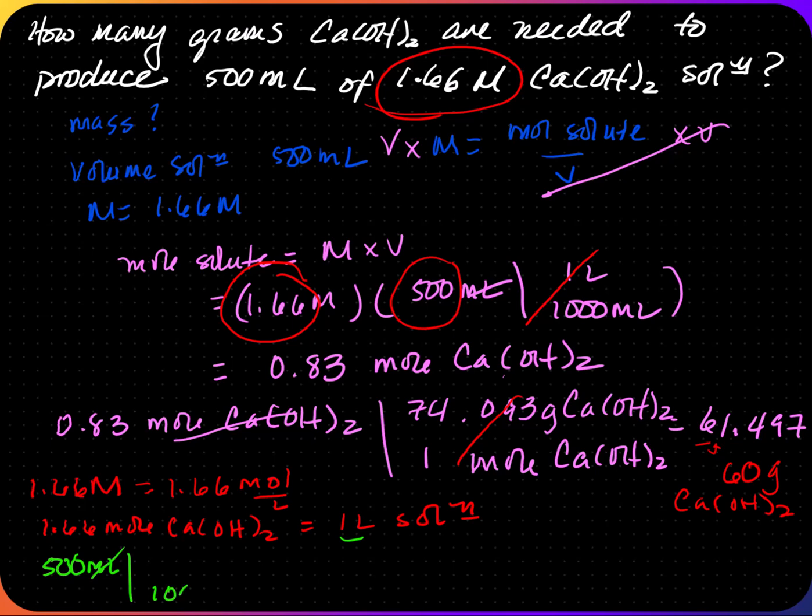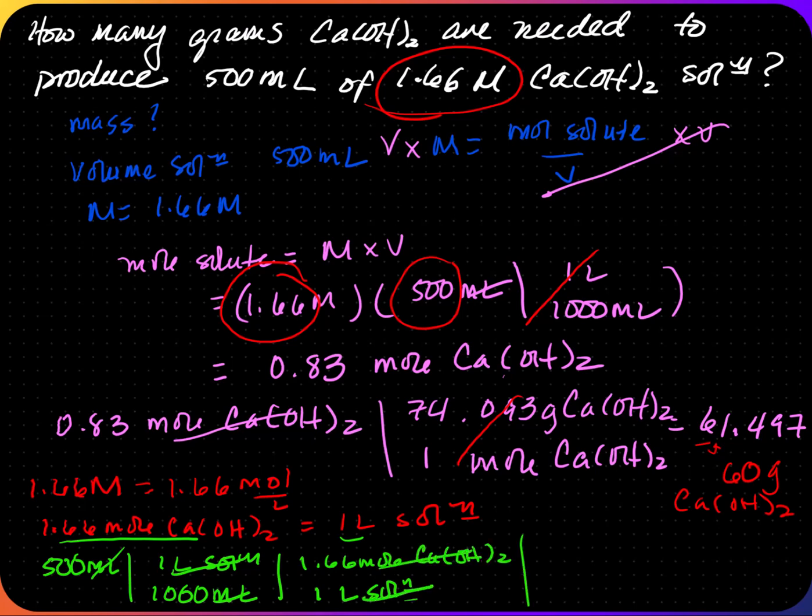So milliliters, there's 1,000 milliliters in 1 liter of solution. My milliliters cancel out. This is liters. This has to be liters. There's 1 liter of solution, and that is equal to 1.66 moles of calcium hydroxide. The moles, diagonals have to be the same.